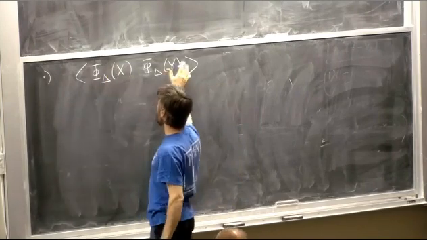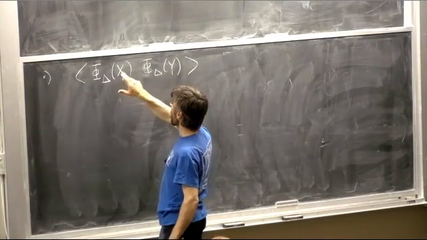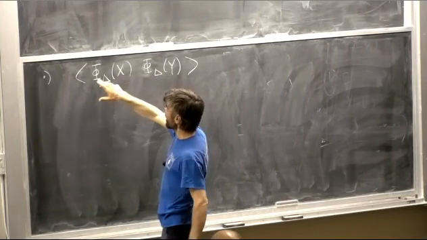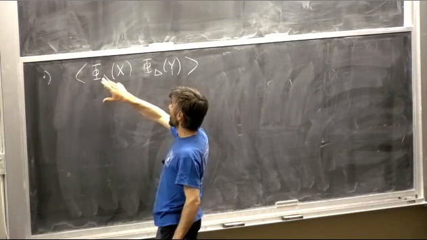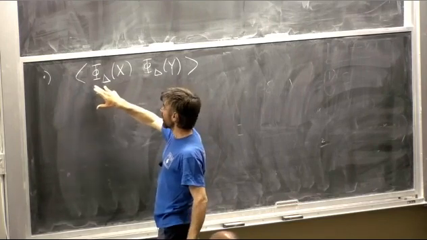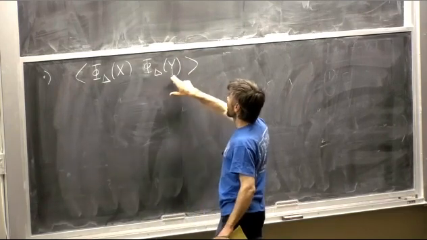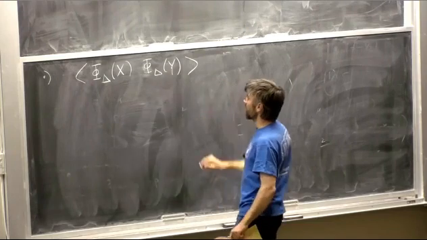This is just a placeholder for a conformally invariant object which depends on two variables x and y and is scale invariant under the scaling of x with parameter delta according to that formula, and the variable y with the same delta.